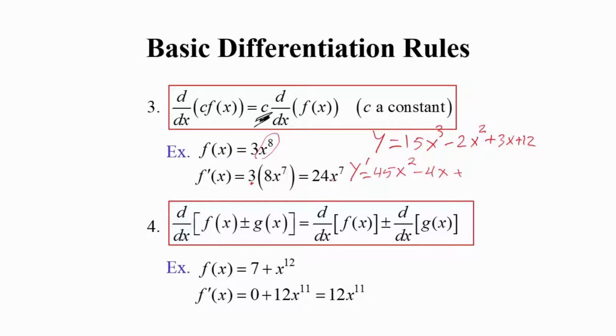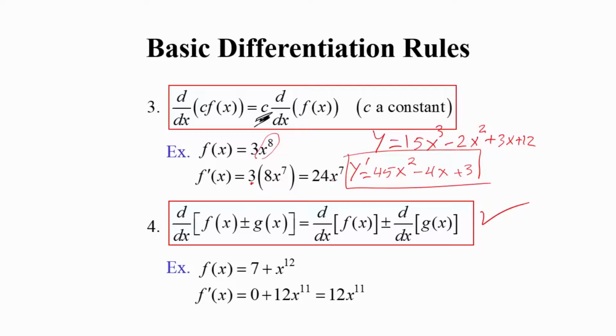Plus 3x, x power 1 is 1, 1 times 3 is 3, x to the 1 minus 1, 0, so x to the 0 would be 1, so that would be 3. And finally, a plus 12, a constant, the derivative of that is 0. So this would be the derivative. That's all this one is saying.